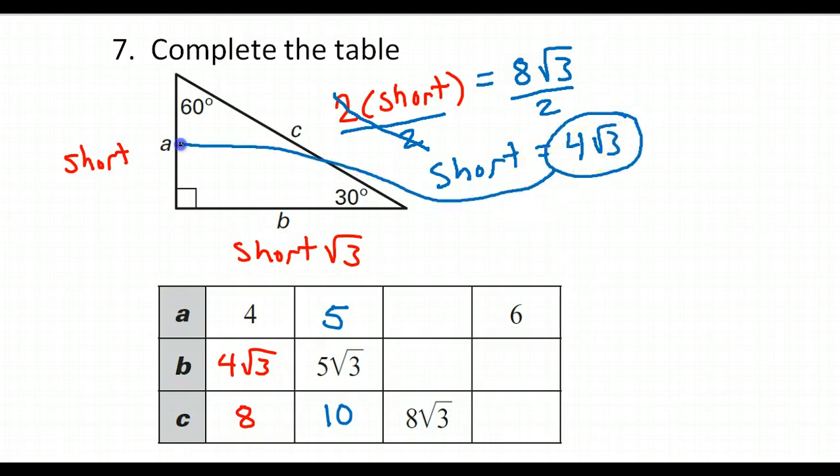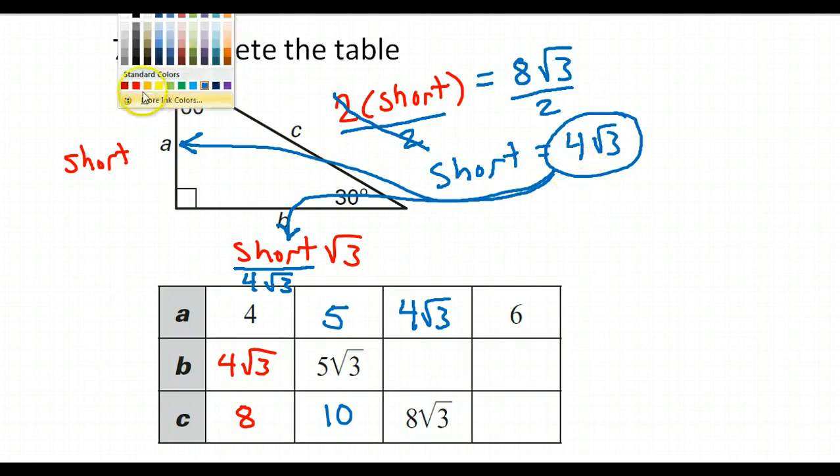So that's going to give me A directly, because that's 4 radical 3. But then I'm going to get B by putting my 4 radical 3 right here. Notice that this is one of those where I'm going to have radical 3 twice. I've got the radical 3 that goes here, and then an extra radical 3 that's already there.